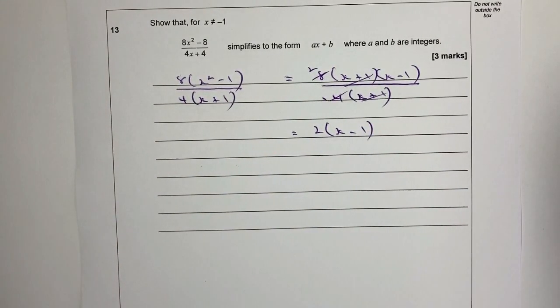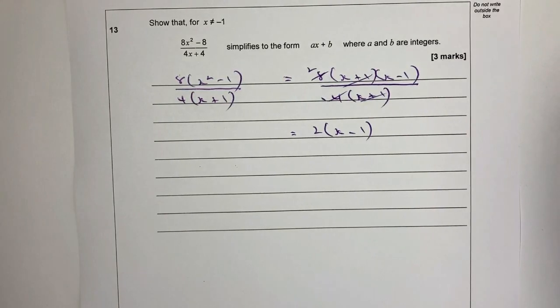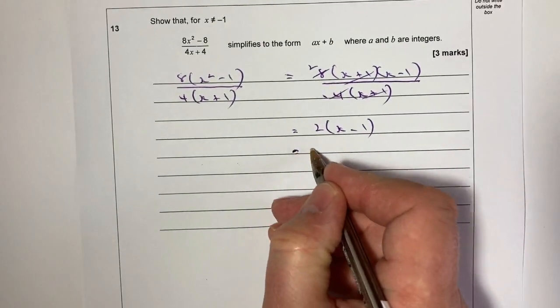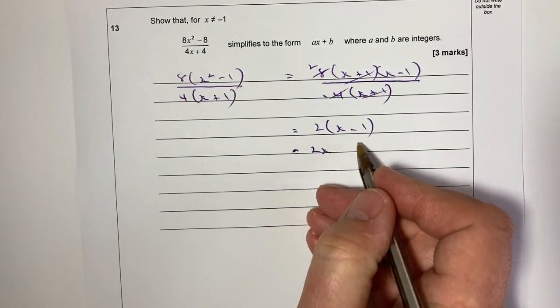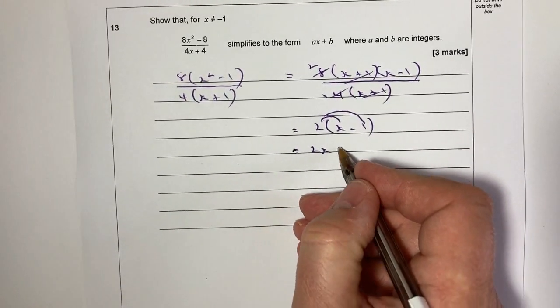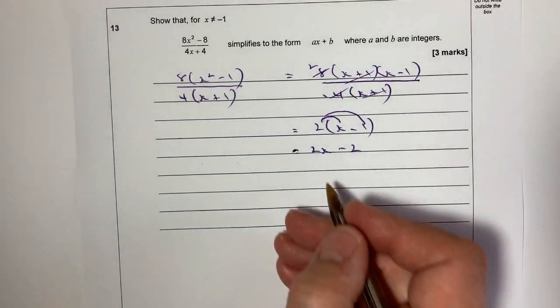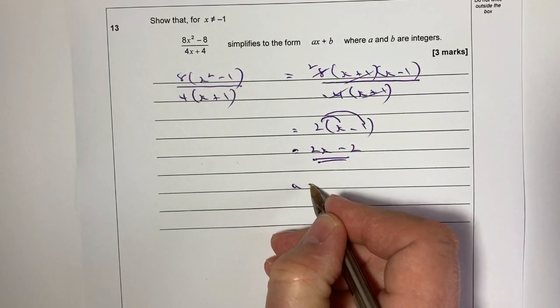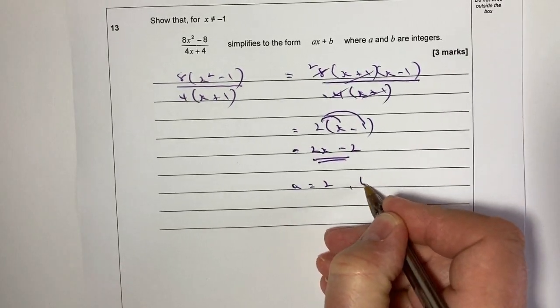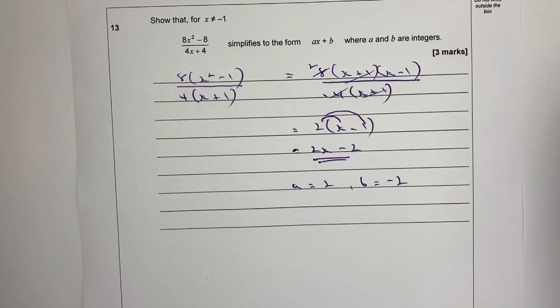And actually that's the answer to this particular question once I've expanded it out, because I need to put it in this particular form. So 2 times x is 2x, and 2 times minus 1 is minus 2. So in this particular case, that would be my answer, and a equals 2 and b equals minus 2. Okay, I hope that's okay for you.